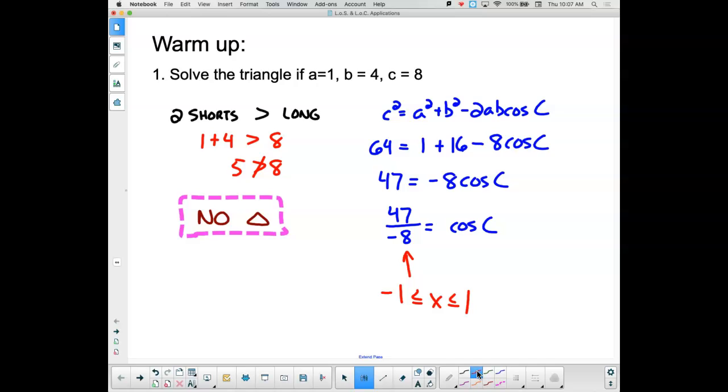It's not. So when we type it in the calculator, we should have gotten an error, a domain error, dimension mismatch type situation. And then we would have said, oh, no triangle gets formed. Okay? All right.